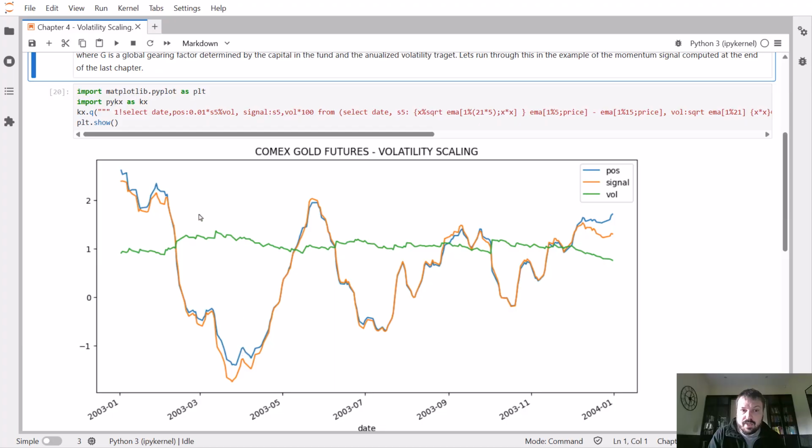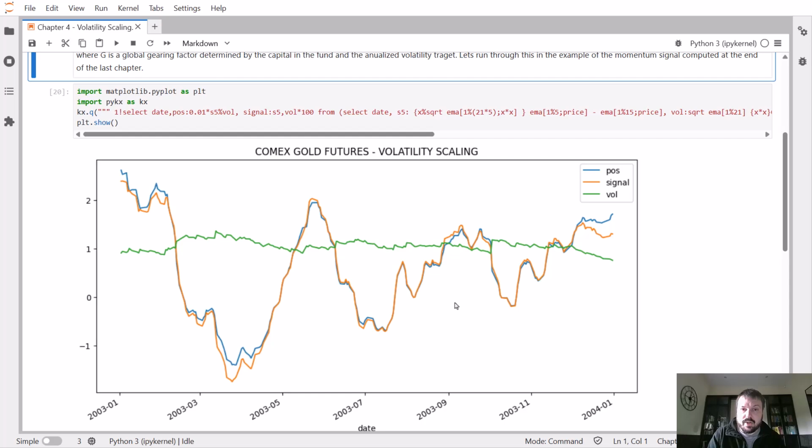When there's a lot of action in the market, we don't want to take as much risk. So we reduce our position then. When things are very quiet, like here at the end, there's very, very low volatility, we can increase our position to take on more risk. So we see this increased position.